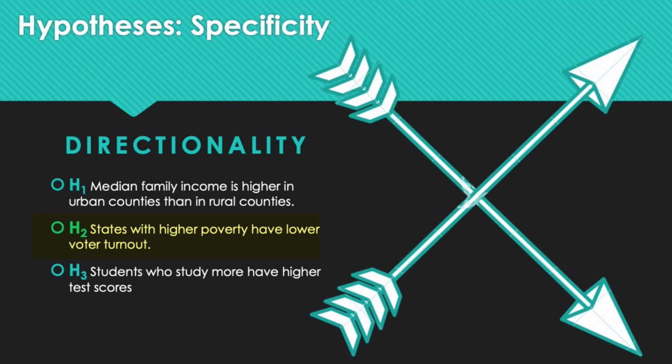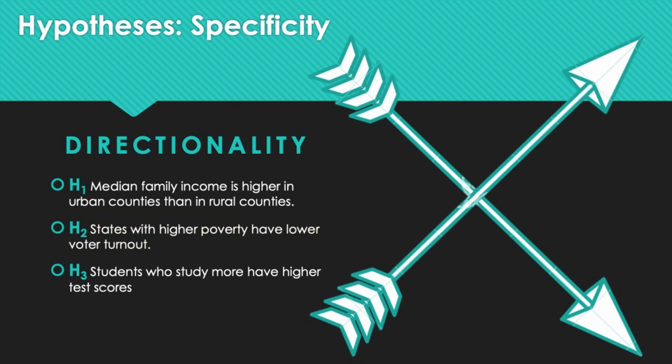So as poverty increases, right, for every value, say we're looking at state to state to state and we're measuring the percentage of people living in poverty for each state, what we would expect is that as poverty level increases, we would expect that state to also have lower values on voter turnout.